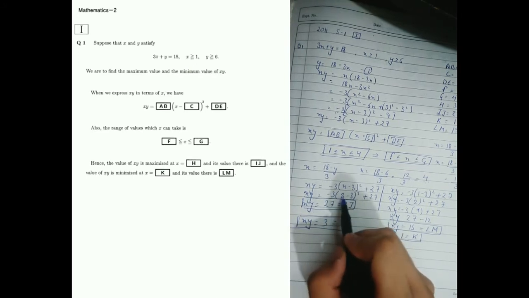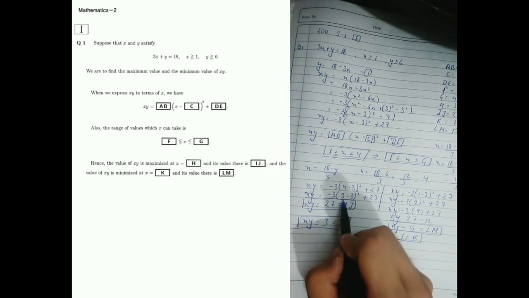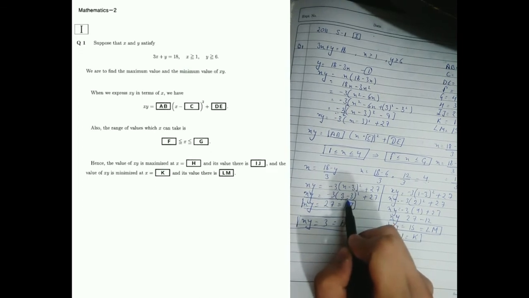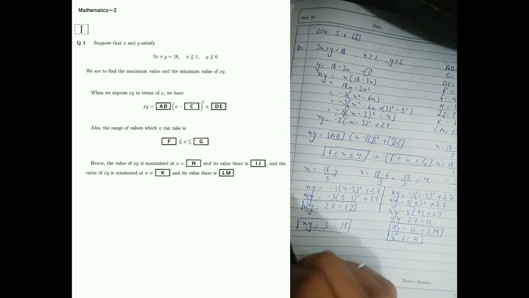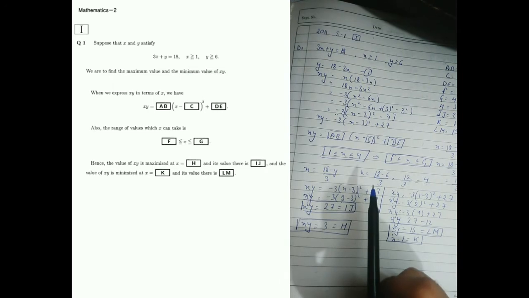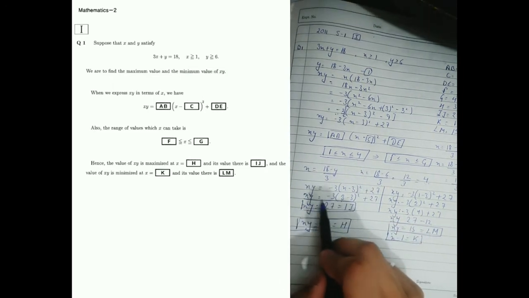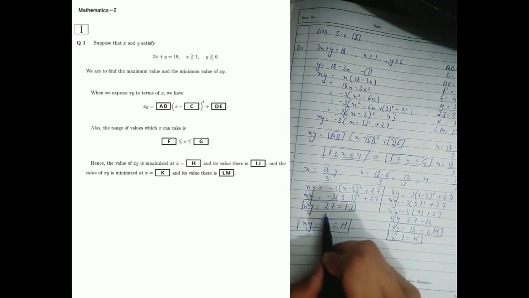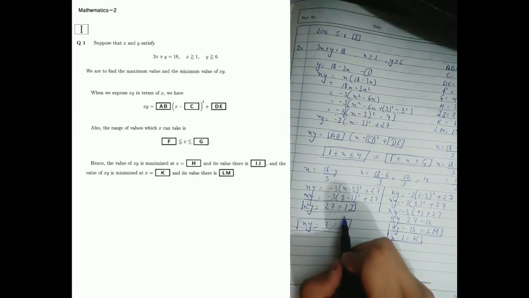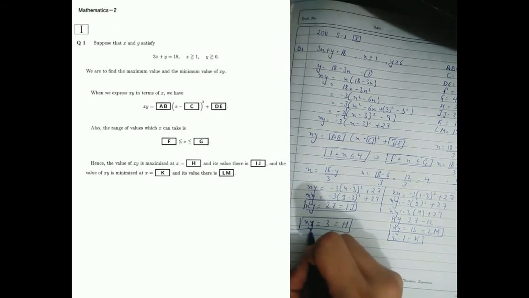So we can see this, if we put the value of x is equal to 3, it will come out to be 0, and the value of xy will be maximized, because the value of x lies between 1 to 4, as we have got in our previous step. So xy is equal to 27, means we have found our IJ. So IJ is equal to 27, and the value of x at which we have found the value of xy to be maximized is 3.